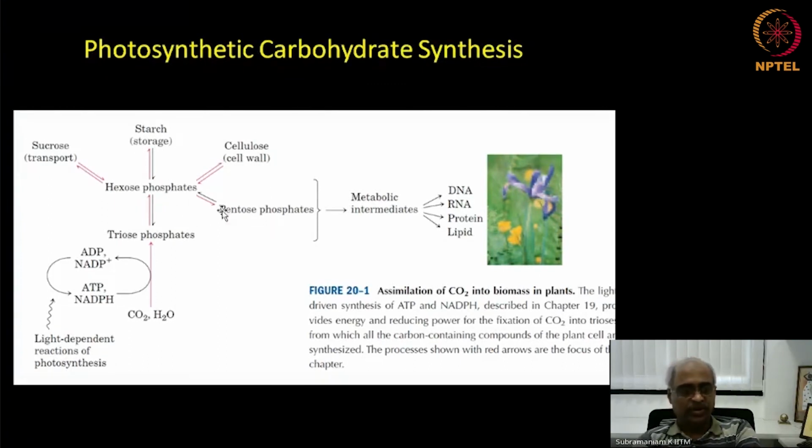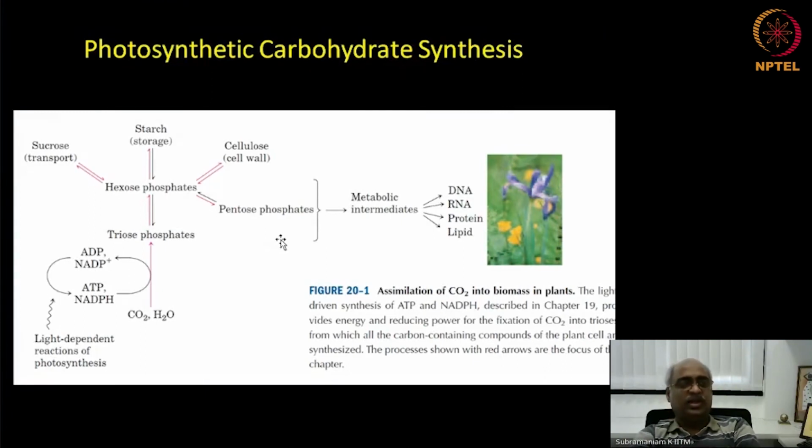And there is one pathway that we didn't cover during our carbohydrate metabolism. We saw glycolysis and the TCA cycle, but there is one more pathway called the pentose phosphate pathway, or PPP, or HMP shunt, in honor of the scientist who discovered that pathway.